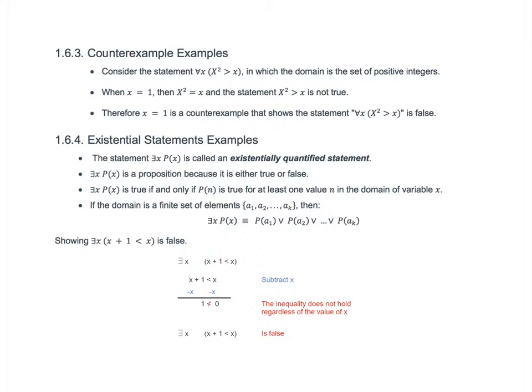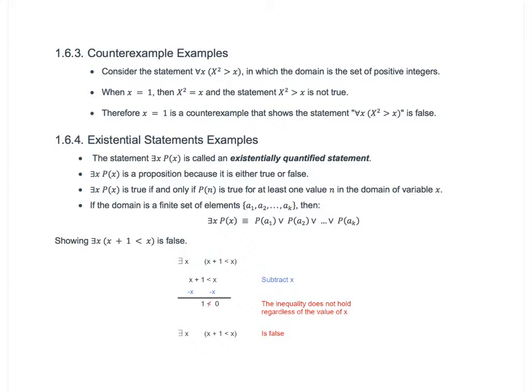What's the example? To find the example, all you need to do is set x equal to 1. So if you set x equal to 1, then x squared would be 1 squared, which is 1, and it is equal to x. Therefore, the statement x squared is greater than x is not true because x squared and x are equal, in fact.